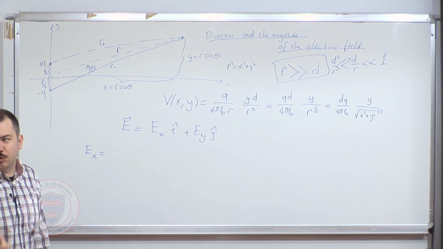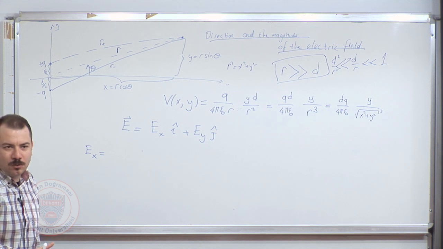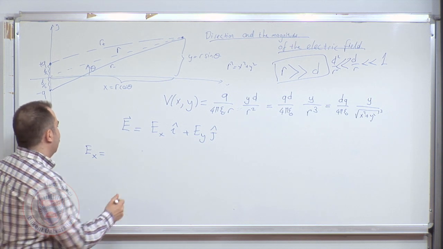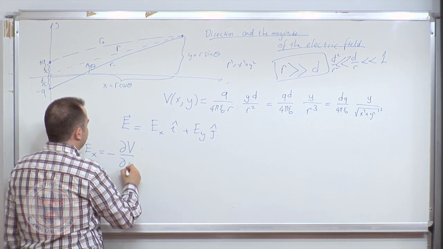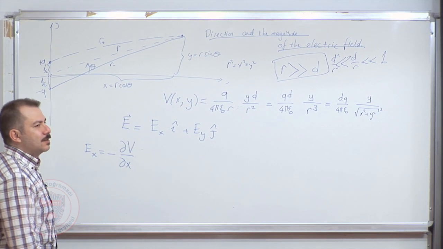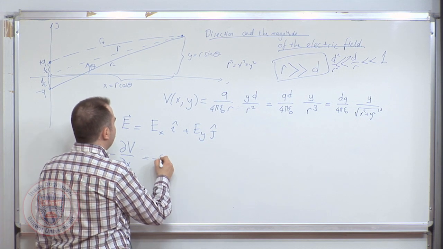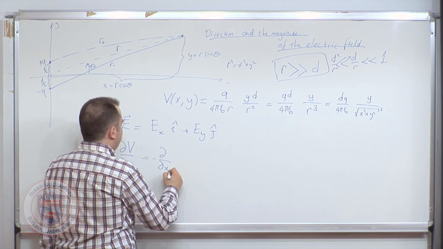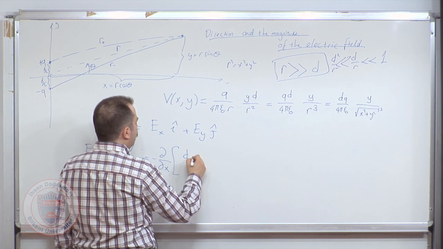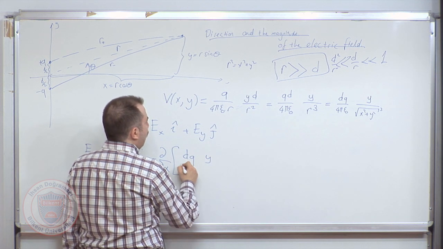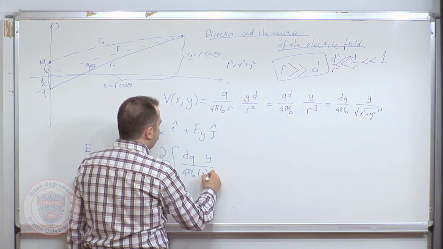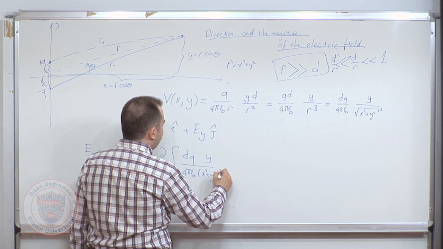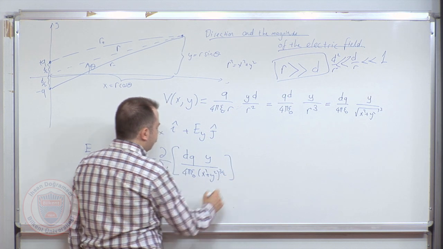Partial derivative of the potential with respect to x with a minus sign. So let's do that. Let's take the partial derivative of q dy divided by 4 pi epsilon 0 x squared plus y squared to the 3/2.